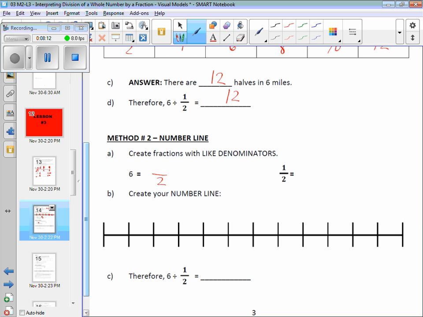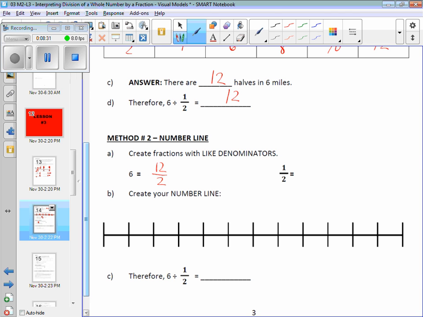What over 2 is equivalent to the whole number 6? Jen. Remember we did this? Remember we did 6 times 2 makes this?